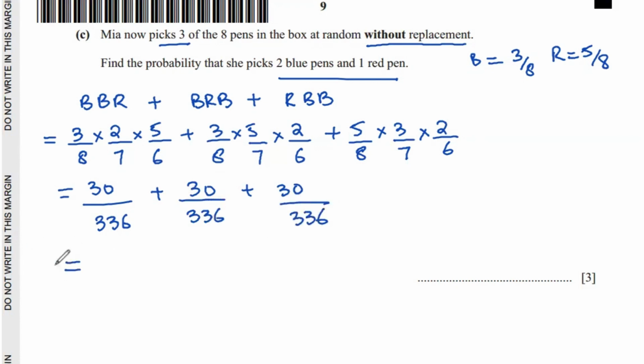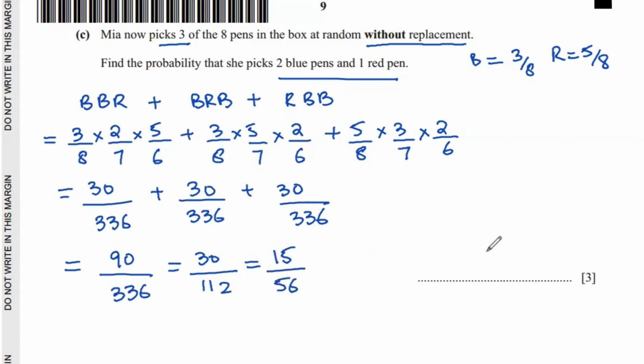So if we add them up, that's 90 over 336, which simplifies to 30 over 112, which further simplifies to 15 over 56. So that is your simplified probability for picking 2 blue and 1 red pen.